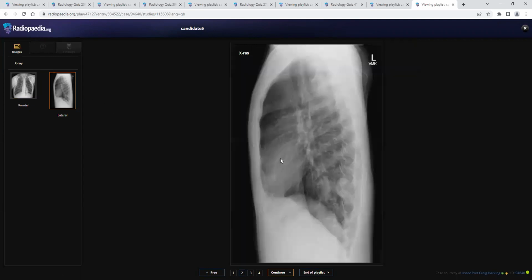Okay, yeah, you can have a look at the lateral X-ray. Okay, on the lateral chest radiograph, this opacity seems to be located in the posterior mediastinum and is related to the vertebra actually. Okay.